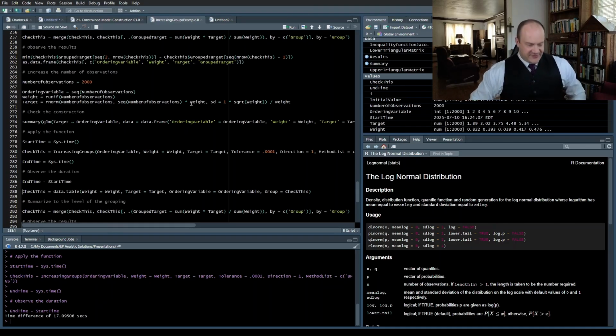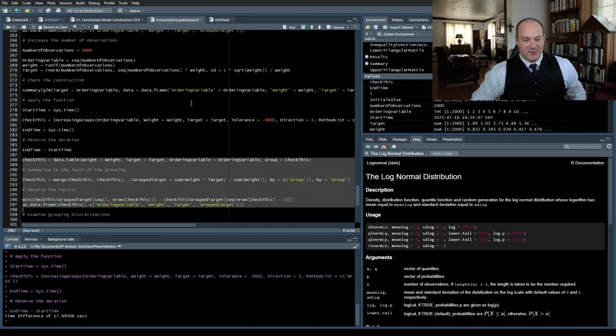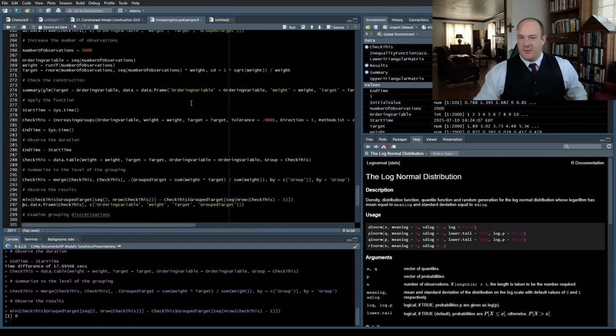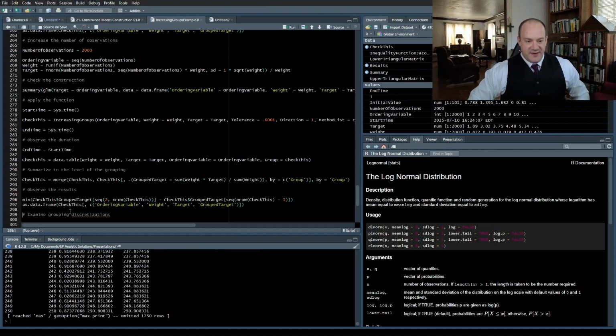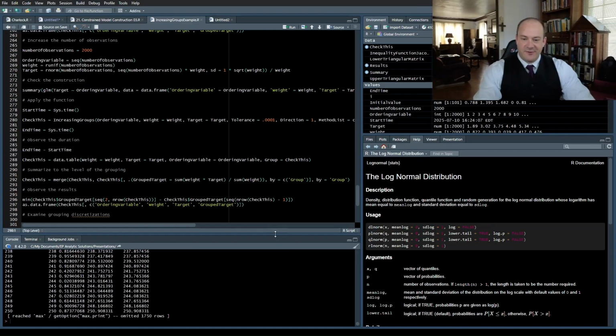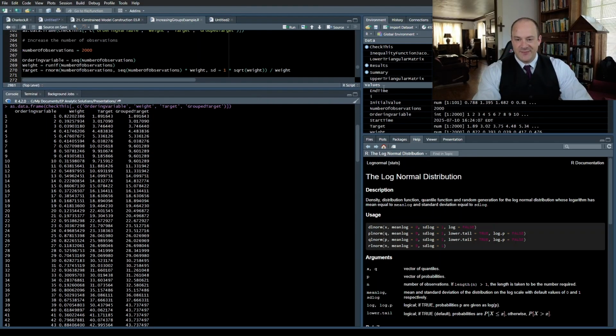And you can go through the same process, right? You can look at the minimum difference among the values. It's 0, so that's good. And then we can't look at all 2,000 records, so we'll look at the first 250. But again, ordering variable, weight, target, and there you go. So it's just all increasing.